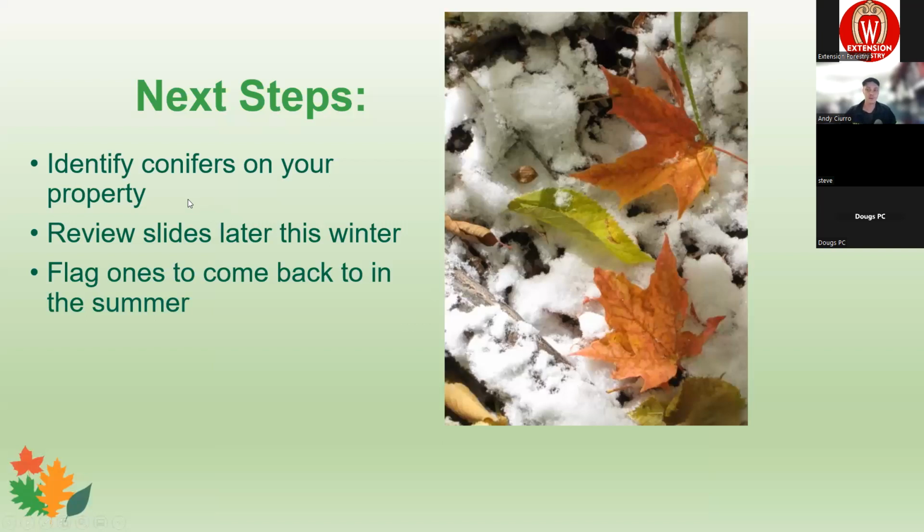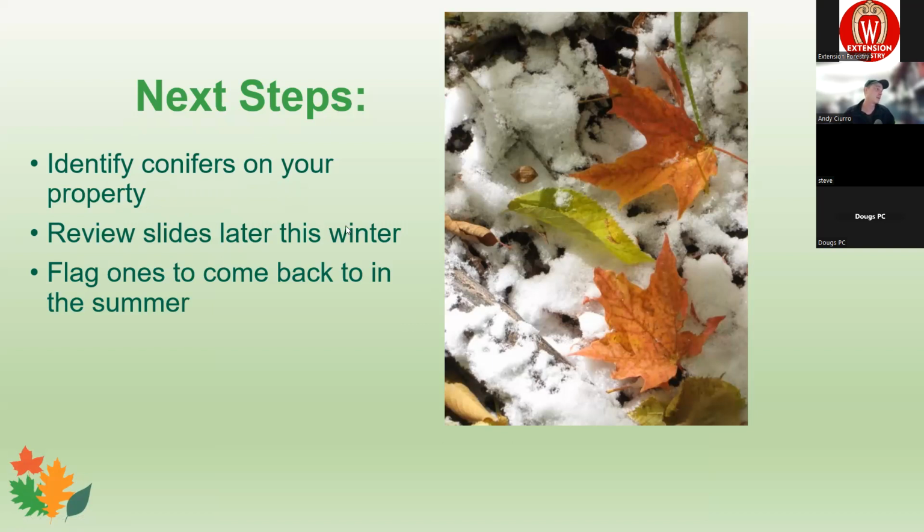So what can you do after this? It's winter obviously, so see if you can identify some conifers on your property using that conifer key. Again, the most important thing is to grab a branch and see how many needles are coming out of it.